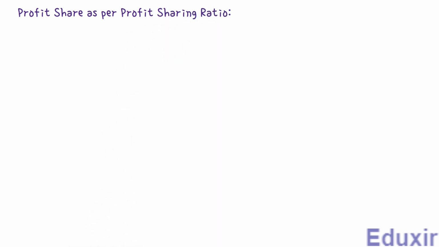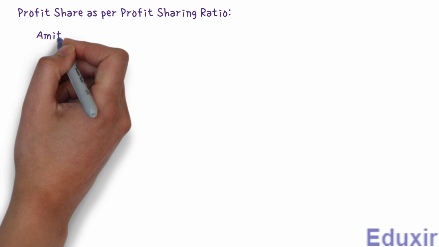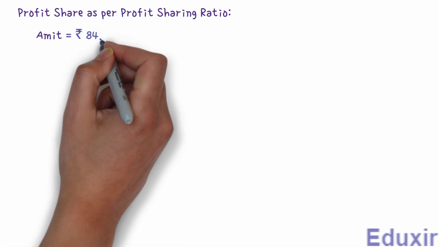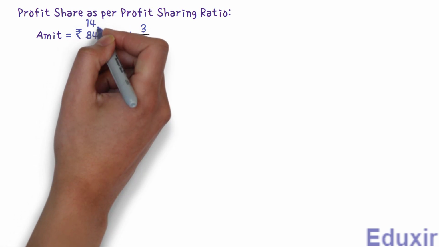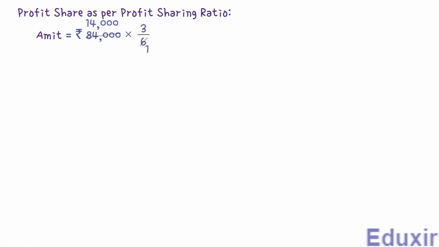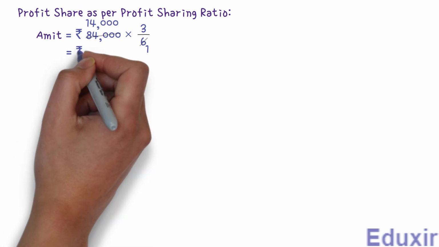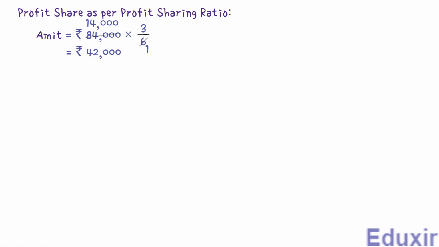Now, the profit share of the partner Amit is equal to the total distributable profit amount of 84,000 rupees multiplied with his profit sharing ratio 3/6. Cancelling with 6, 6 ones are 6, 14,000 are. Now, if we multiply the remaining 14,000 rupees and 3, we get 42,000 rupees. This is the share of profit for the partner Amit.